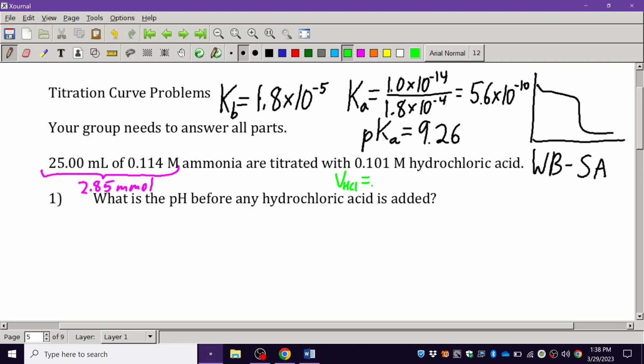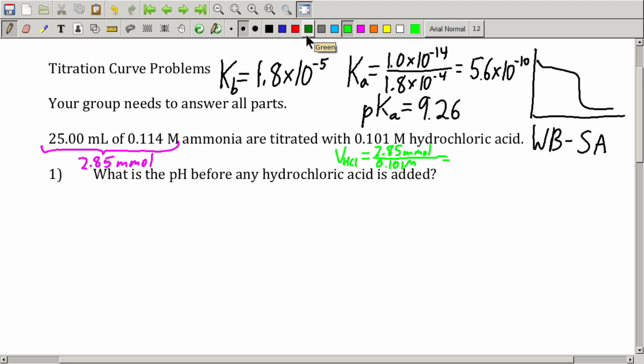So we're going to take that 2.85, and we're going to divide it by the concentration of the HCl, which is 0.101 molar. What do we get? 28.21? Okay, so we'll do 28.2. That'll be good for what we need here. Okay. So there we go.